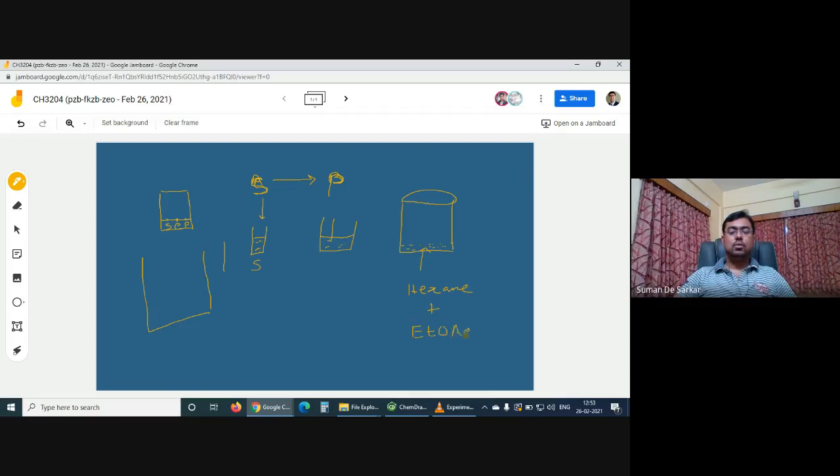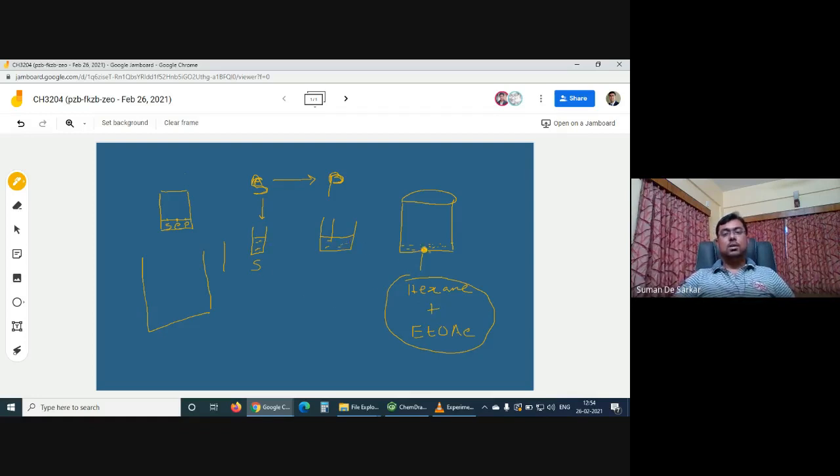This is the most common eluent in organic chemistry. In our lab, 90% of the time we use this mixture of hexane and ethyl acetate. And depending on the character of the compound, the starting material and product, we change the ratio. We change the ratio here and do the thing.